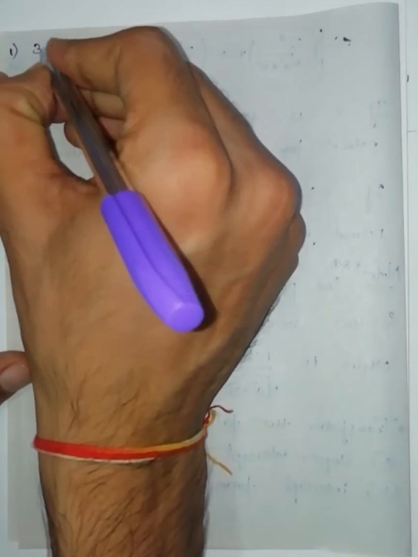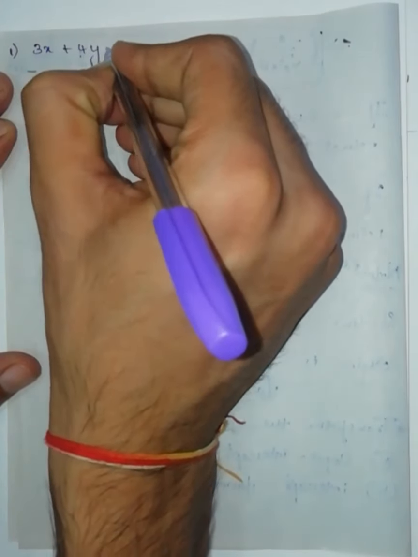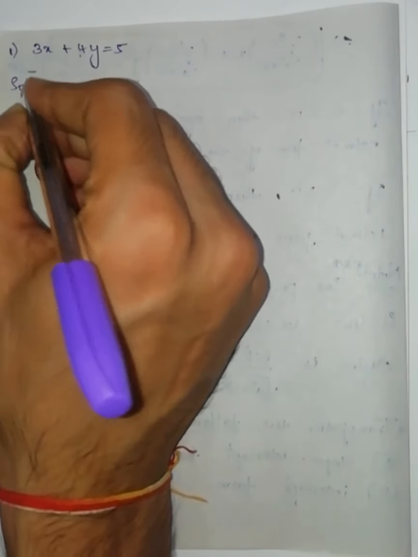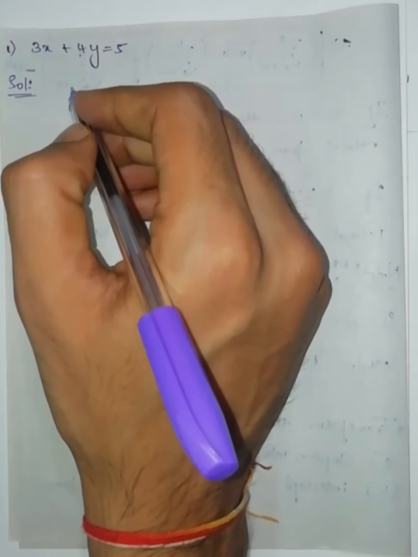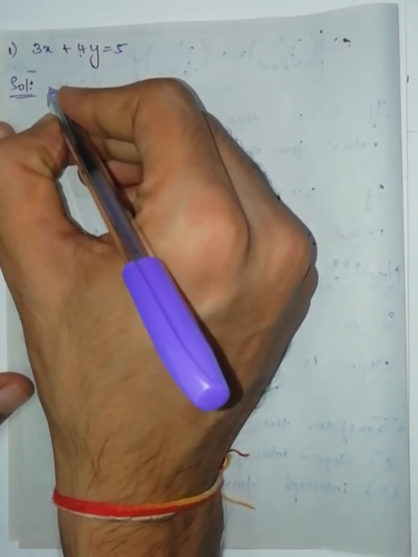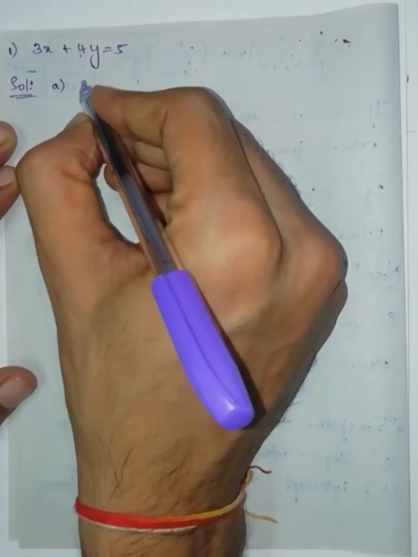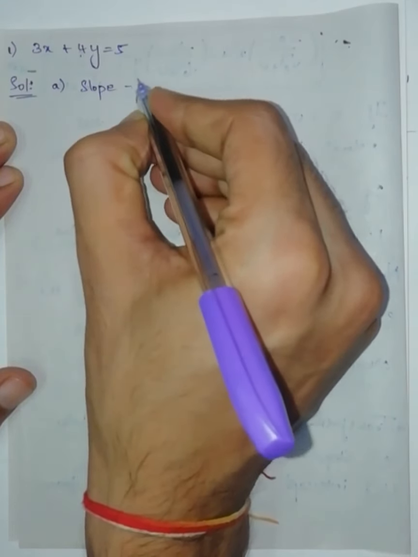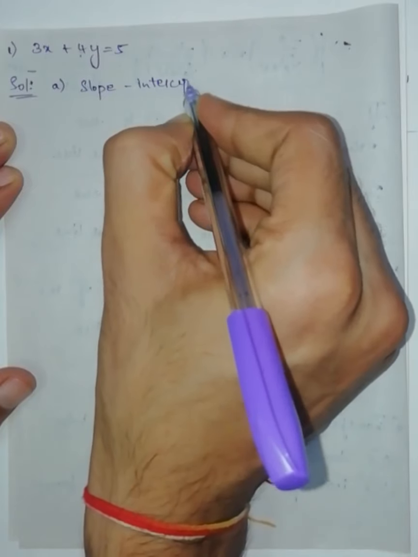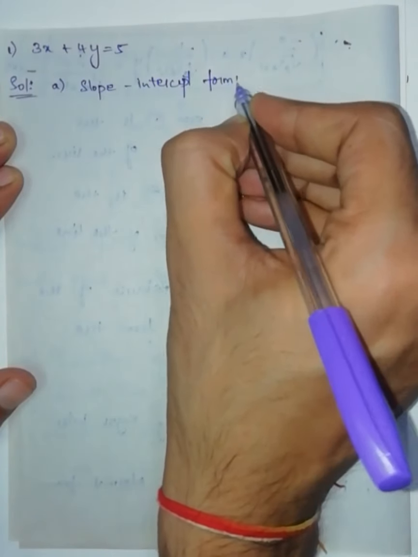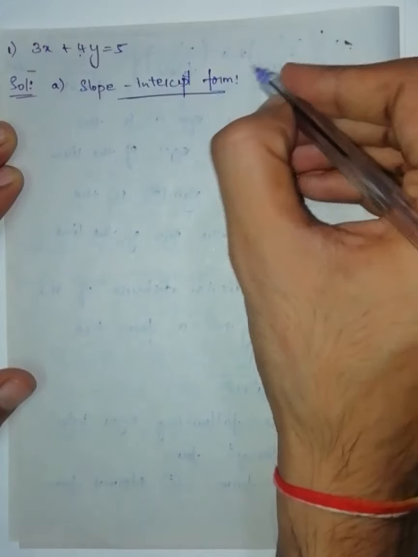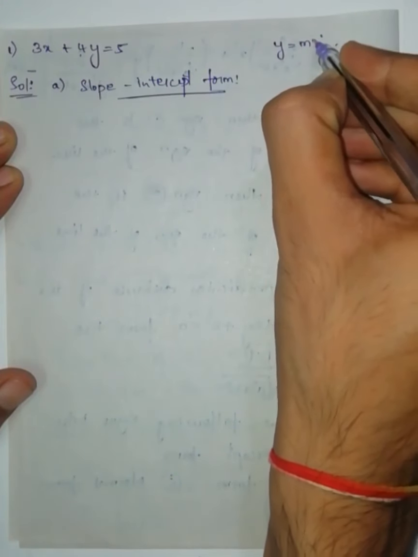Now in this first one, 3x plus 4y is equal to 5. Solution. In this first one, I am going to solve in slope intercept form. Keep in mind what the slope intercept form is: I have to write y is equal to mx plus c in this format.